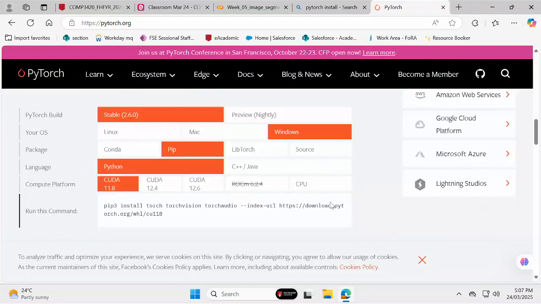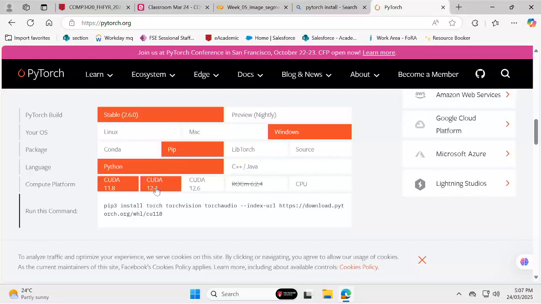You can choose, okay, do I have Linux, Mac, Windows? I want to use conda, pip, from source. I will use pip, it's the easiest one. And Python or Java, well, Python, that's what we use here. CUDA, you need to see what GPU you have. You need to see if it can support the latest CUDA, and use it.